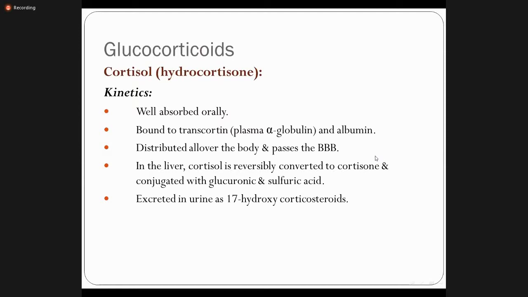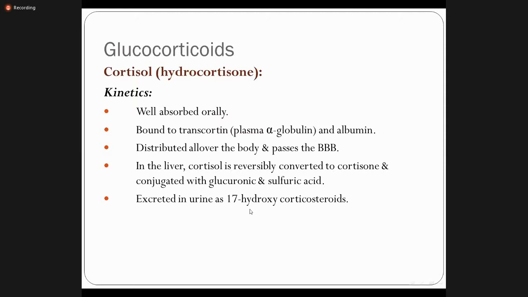In the liver, this is important, how it gets metabolized. In the liver, cortisol is reversibly converted to cortisone and conjugated with glucuronic and sulfuric acid, right? It is excreted in urine as 17-hydroxycorticosteroids.